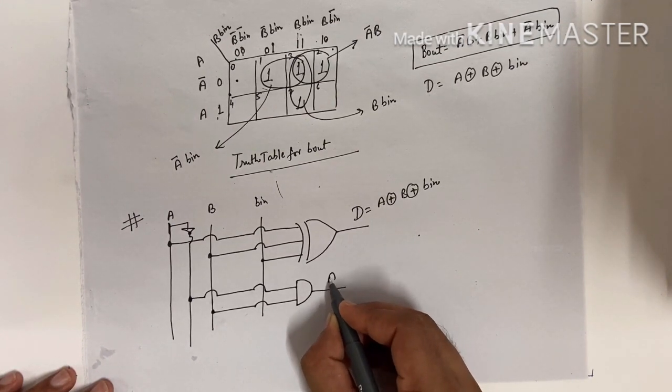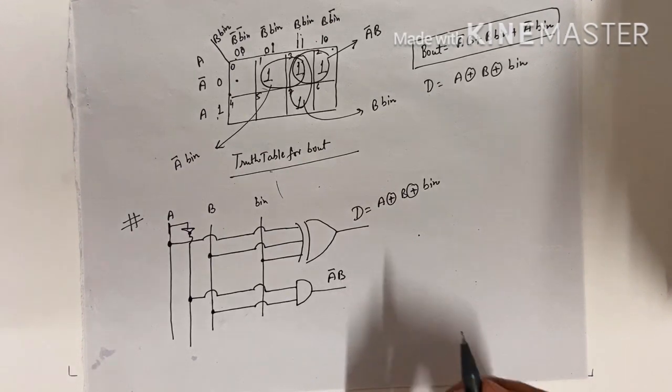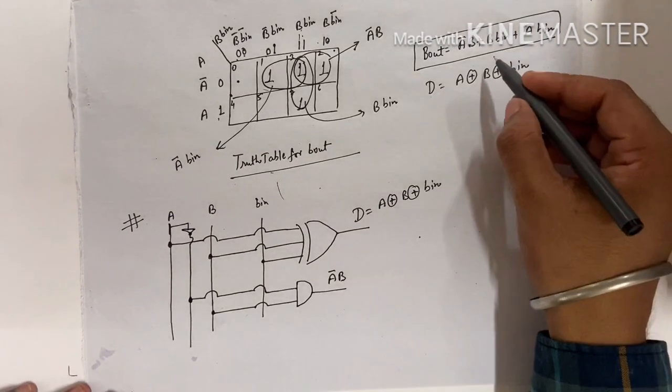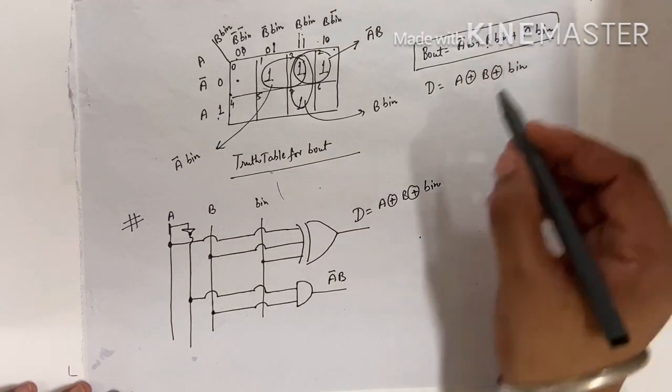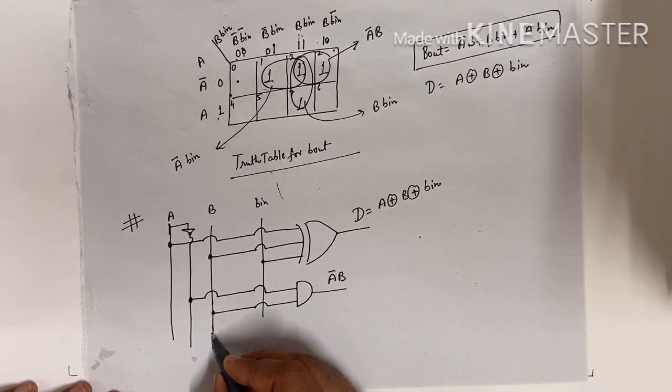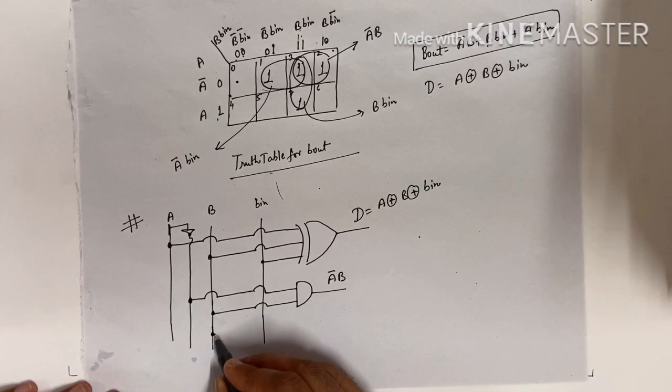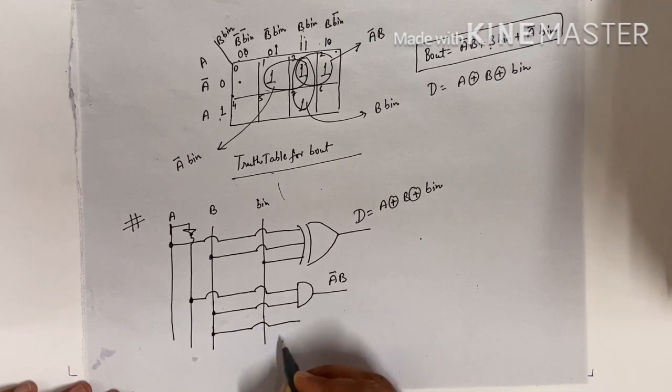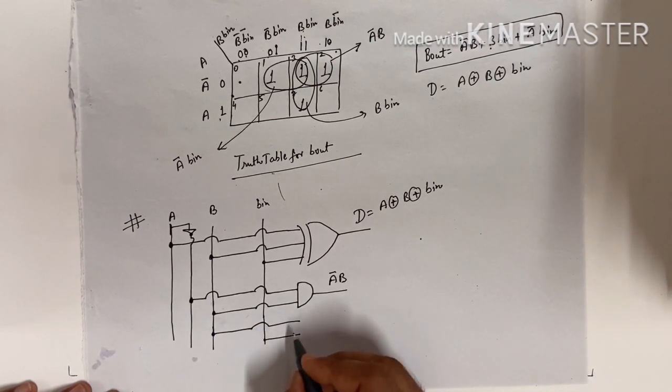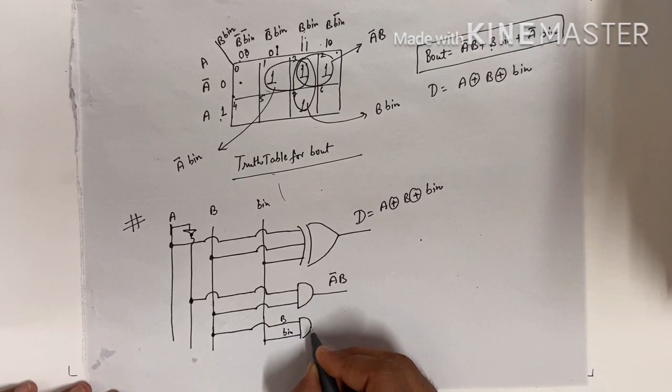We can see this is A complement B. Now again we can see this is B and B input. The B and B input are easily available here. This is B, this is B input. We applied the AND operator.